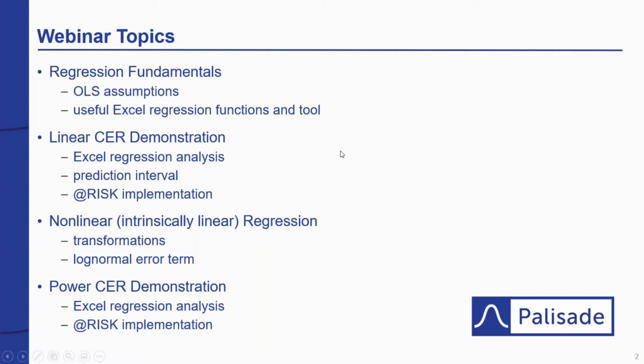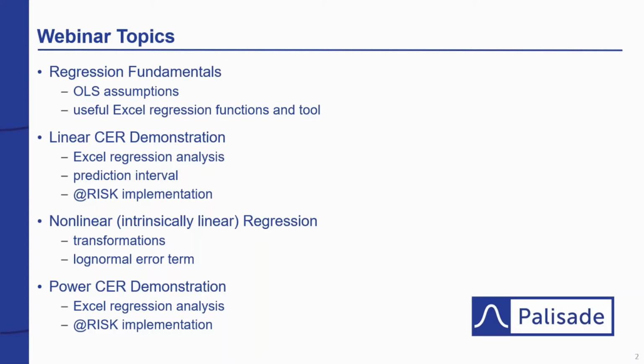In other words, how do we include that error term from the cost estimating relationship when it's just a linear-based regression model? Then I want to cover some of the fundamentals of the nonlinear, specifically the two intrinsically linear regressions, the power and exponential models. Briefly talk about the transformations involved to get to those, and then focus on the error term that comes out of that approach to regression, which ends up being multiplicative log normal, as opposed to what you'll find out in the ordinary least squares.